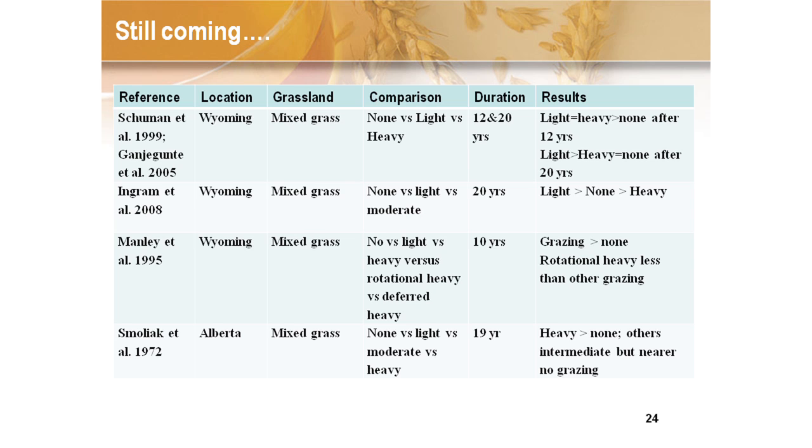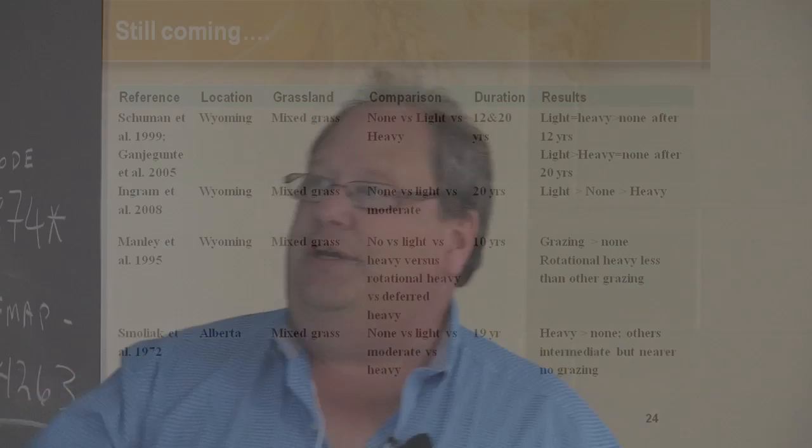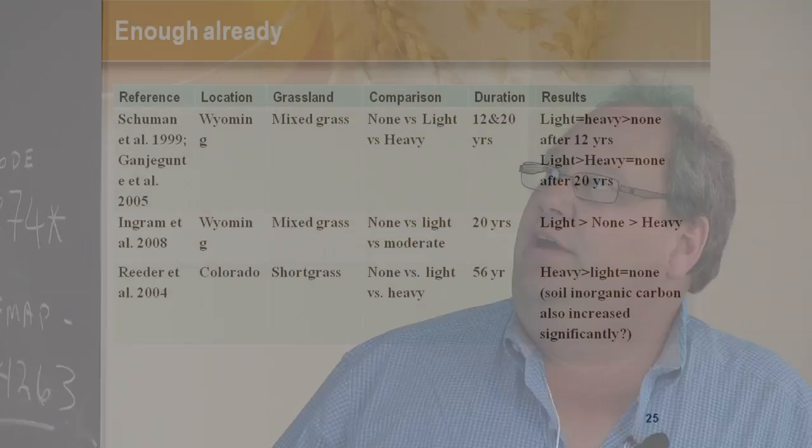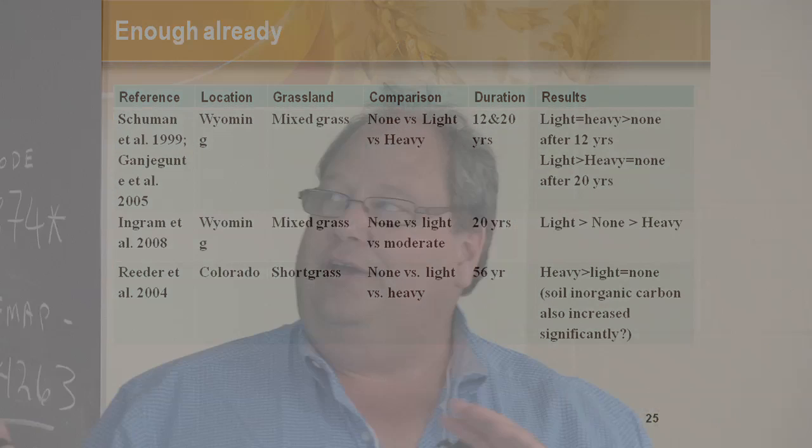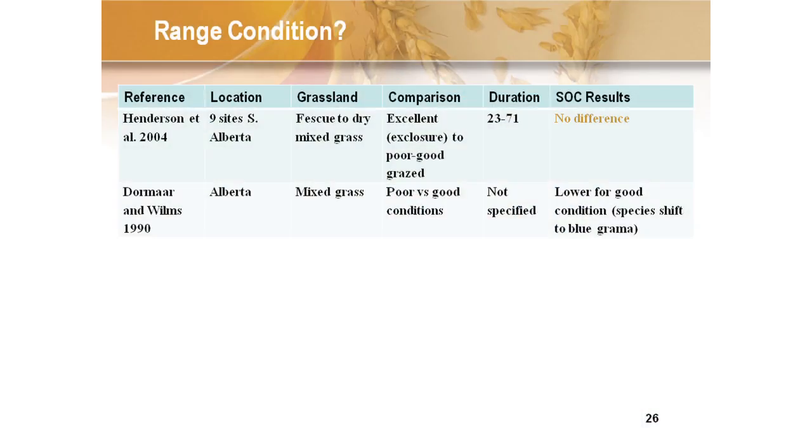Remember, our conceptual model says this shouldn't happen, but we're seeing a number of studies where one particular grazing system has more carbon than no grazing. Whether that's heavy or light utilization, of course, these definitions vary among studies. So this is, I guess, why in those worldwide literature reviews you often find the statement that the effect of grazing is inconsistent.